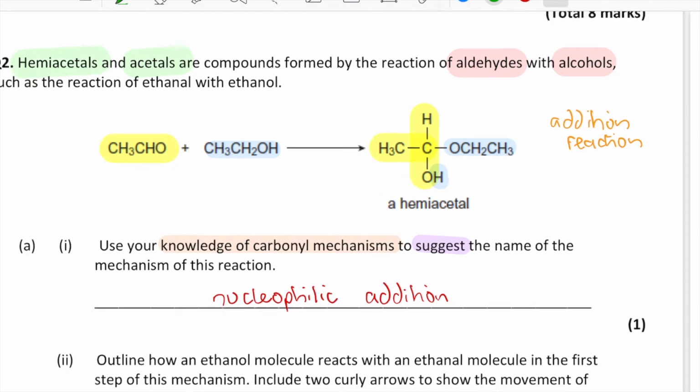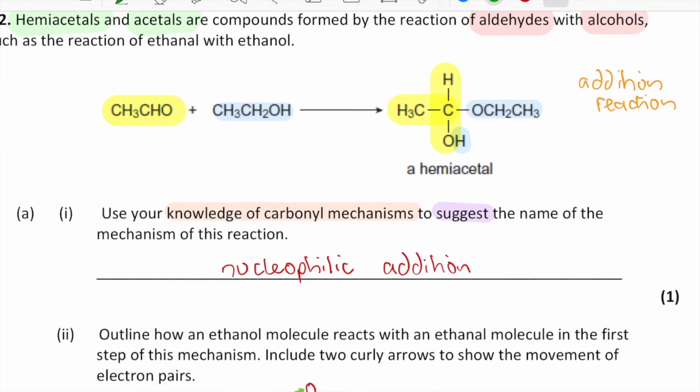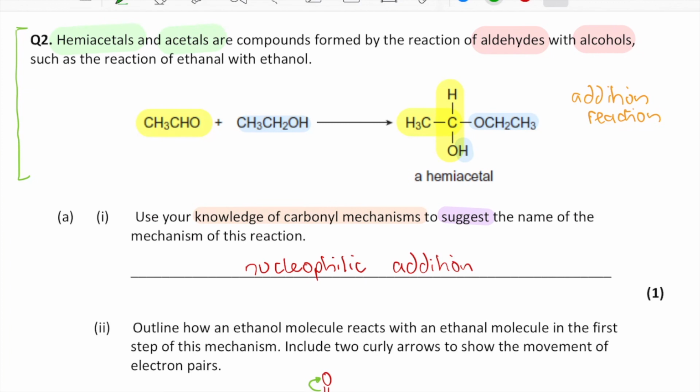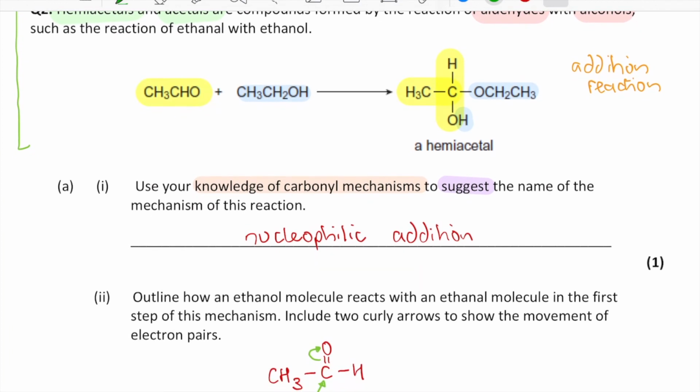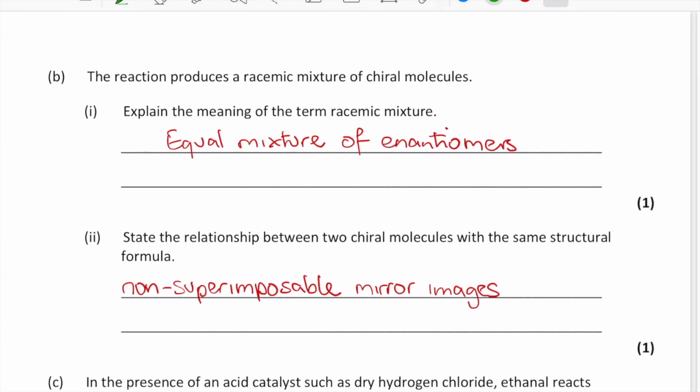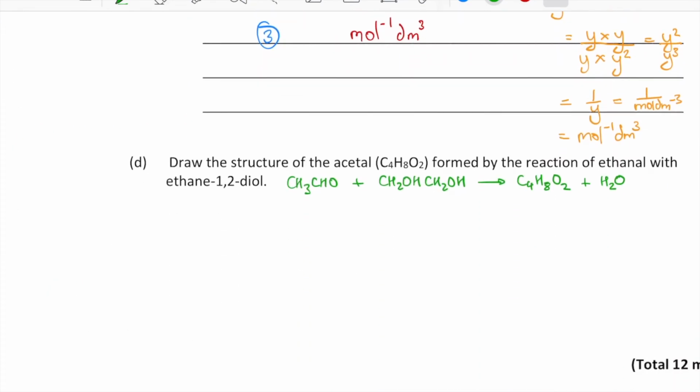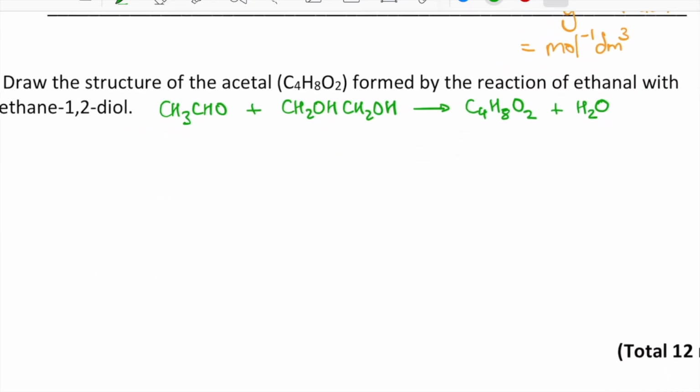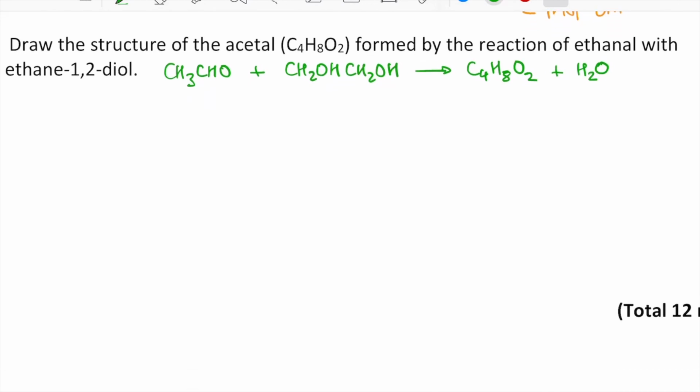If we thought about what was happening here, we said it was nucleophilic addition. We said it was a lone pair on the oxygen attacking the carbon of the carbonyl. So basically, we have the oxygen of the hydroxy group forming a bond with the carbon in the carbonyl. Now, what is different here is that we have 2 hydroxy groups. So I'm going to start with my ethane 1,2-diol, drawing the chain part of that.